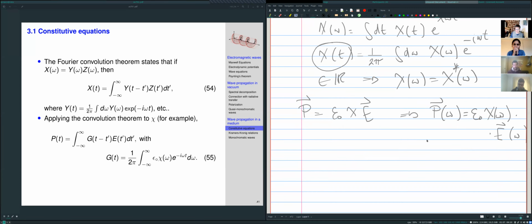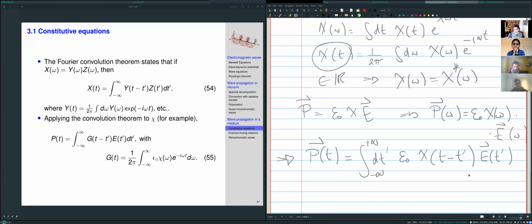Okay, and we say that the real signal, if I write the product here in Fourier space, then P of t can be written as the convolution over time of epsilon 0 chi of t minus t prime times E of t prime. Okay.